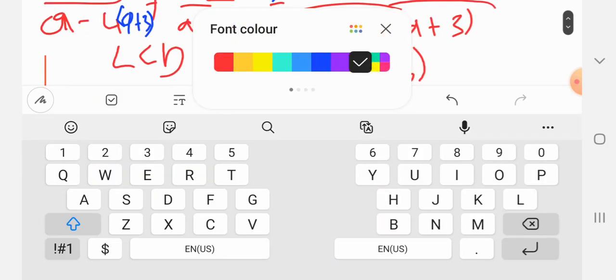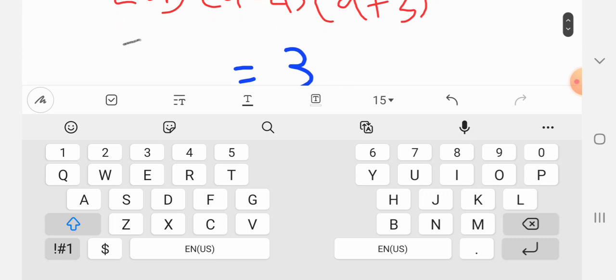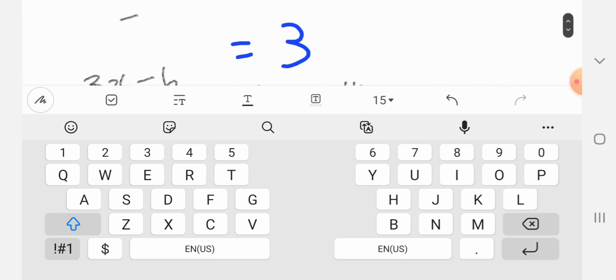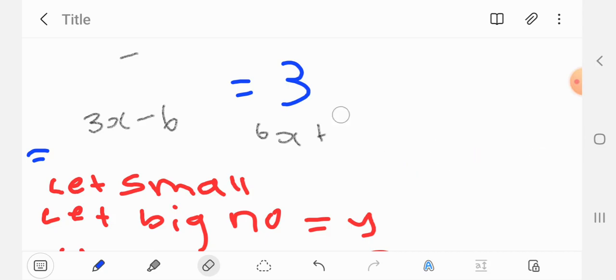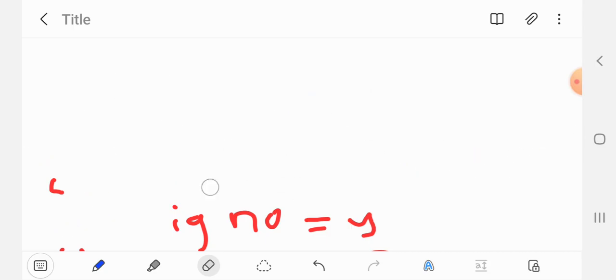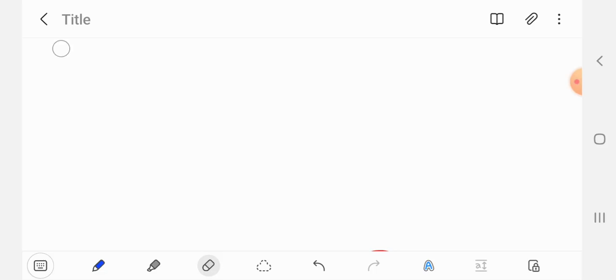And then we are now going to have something like this: 3 into a plus 3 plus the 2 into a minus 4 minus the 21.